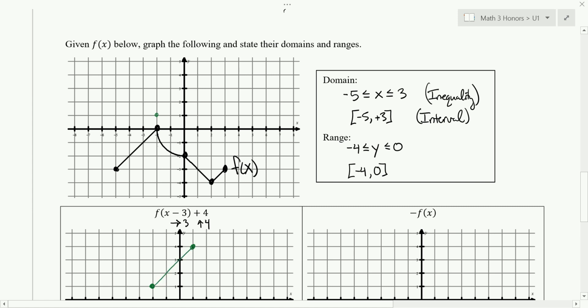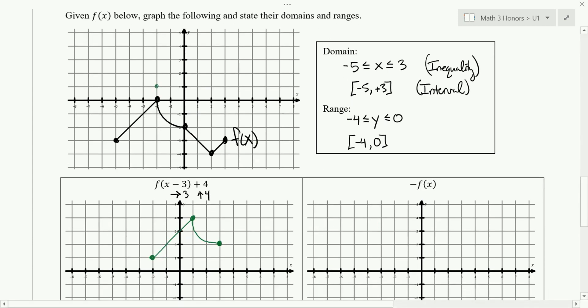Then to get from that second point to the third point, I go down 2, right 2. This time when I connect them, I'm connecting with a curve. And then to go from the third point to the fourth point, I go down 2, right 2 again. Connect them with the straight segment.